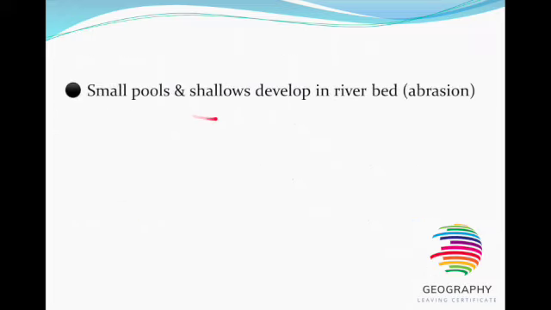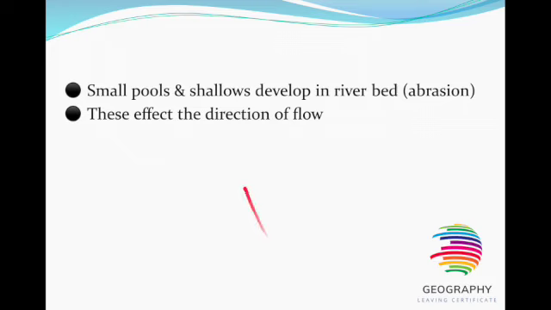So small pools and shallows or potholes develop in the riverbed, and these affect the direction of the flow. So as a river is flowing and it undercuts the river bank, that little notch that it has cut out for itself can force the river to change direction in a circular manner.